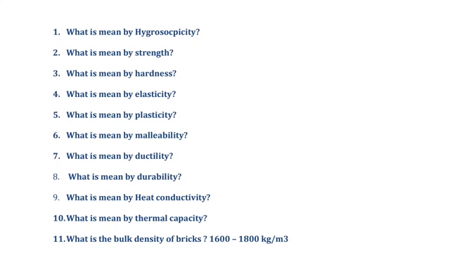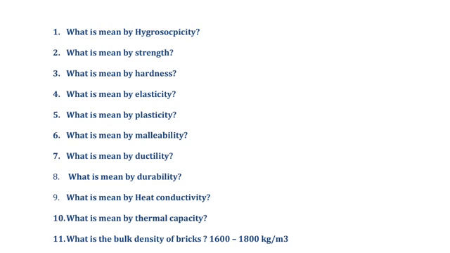This is called hardness. And fourth one is what is meant by elasticity. This is very important. Elasticity is nothing but the ability of material to restore its initial form and dimensions after the load is removed. This is called elasticity. If you take one material and apply some load, then after you remove the load, it regains its original shape. That is called elasticity.